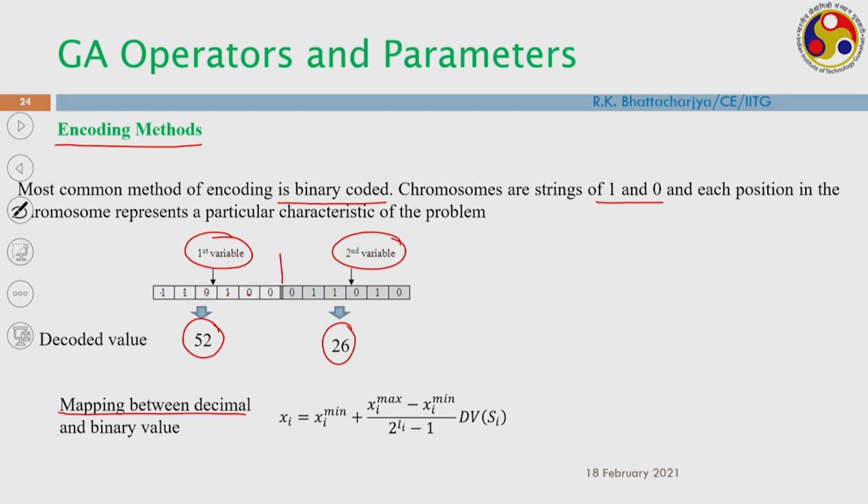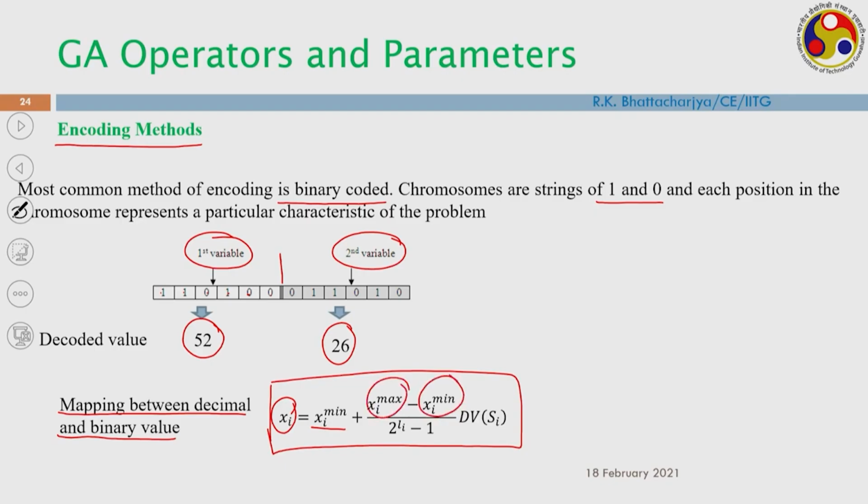This mapping is done using this equation: x_i is equal to x_i min plus (x_i max minus x_i min) divided by 2 to the power L minus 1, into the decoded value, and this portion is known as the precision.